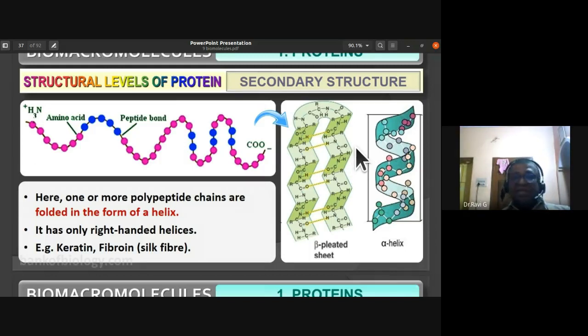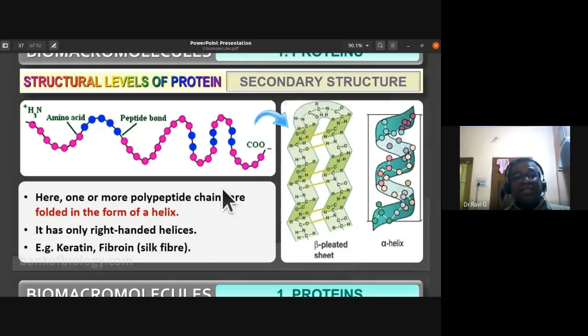You should develop those skills, but you need not mug up the structures unless I've told you about it. Maybe some molecular formulas might be required, but structural formula is not required in the biology part of biomolecules. So try to understand the concepts with the diagrams that we have here.